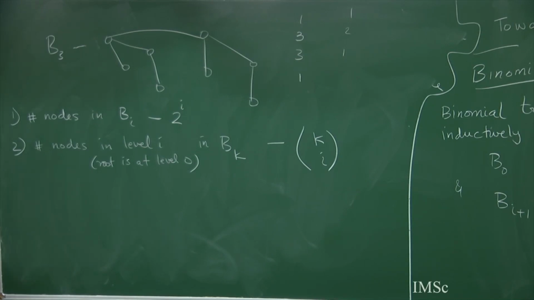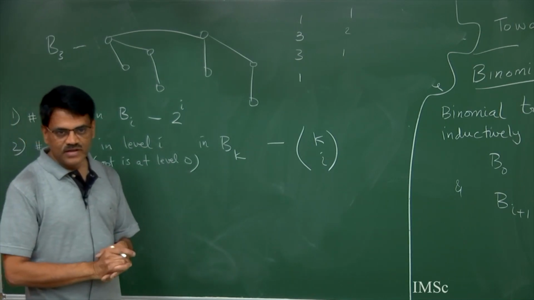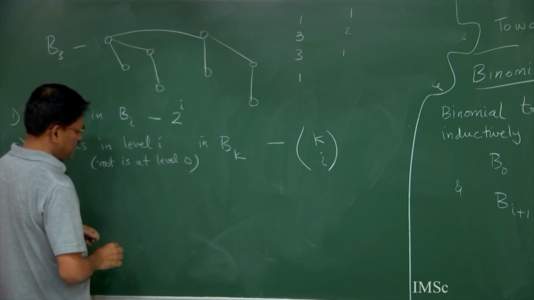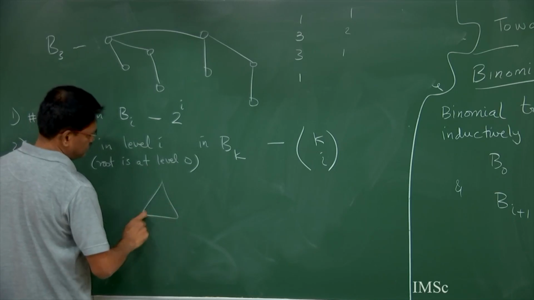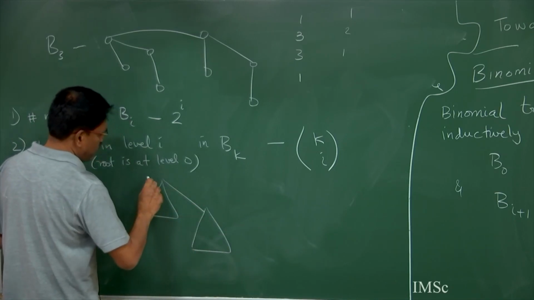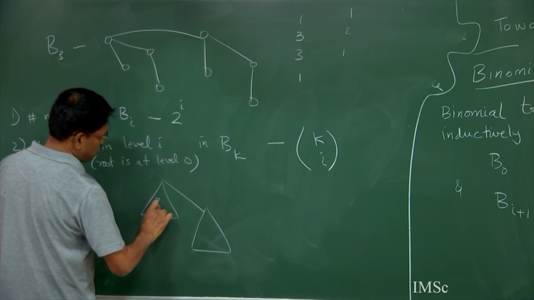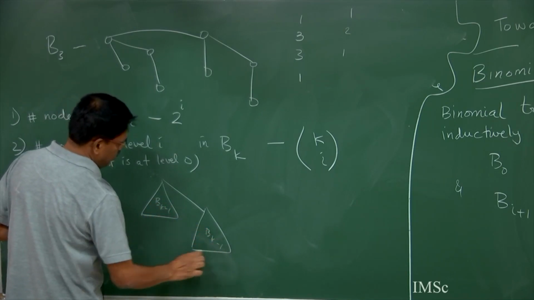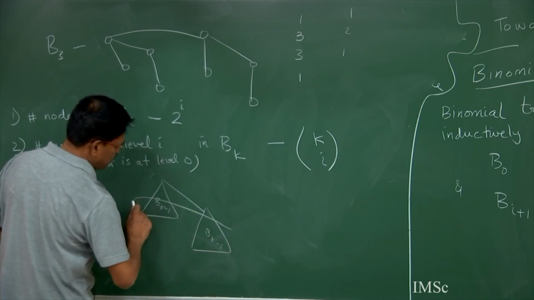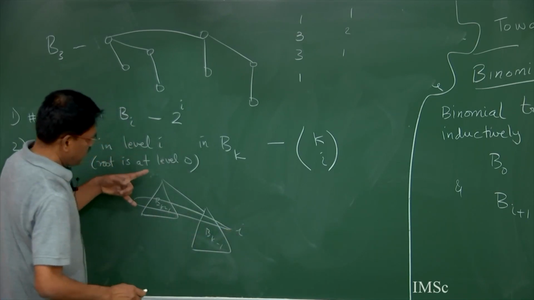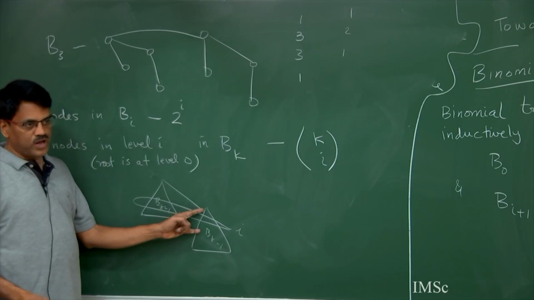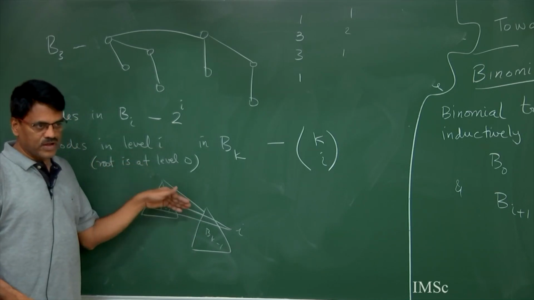How do you prove it? Induction, right? Because what is this number at level i? Well, you have a Bk minus 1 and another Bk minus 1, and who are all the nodes in level i? The level i nodes here and level i minus 1 nodes here, because it just gets you one level.